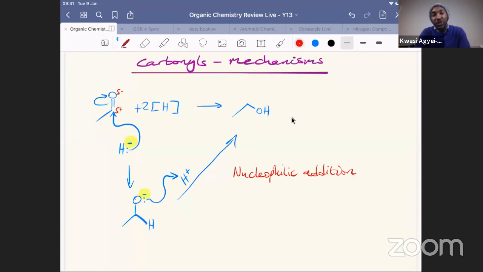One thing that catches students out quite a bit is not paying attention to the stoichiometry of your equation and making sure that you've got the right number of moles of your reducing agent to reduce your carbonyl. So you've got one equivalent of hydrogen there, and there's the second equivalent of hydrogen there, and that allows you to form your ethanol from your aldehyde. Reducing a ketone would proceed in much the same way.